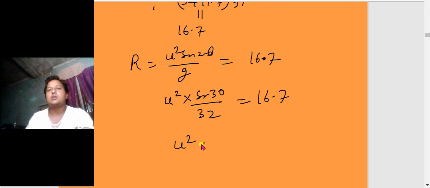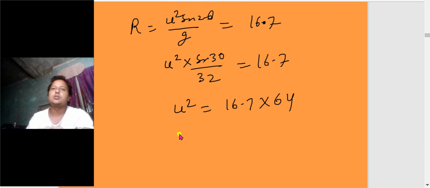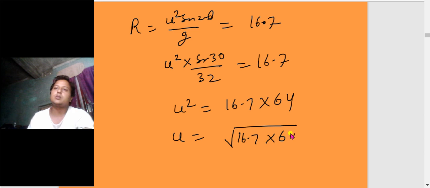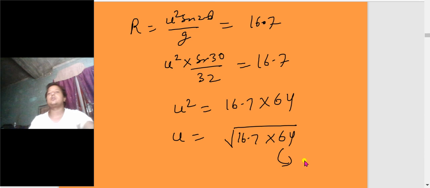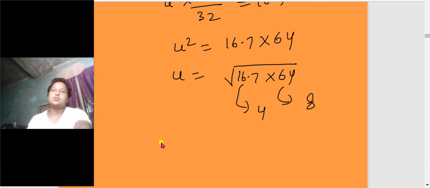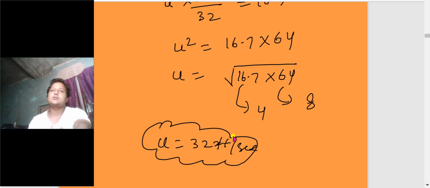So u square is 16.7 multiplied by 64, and u is under root 16.7 multiplied by 64. The square root of 64 is 8, and it is approximately 4. So u is 32 feet per second, just greater than 32 feet per second.